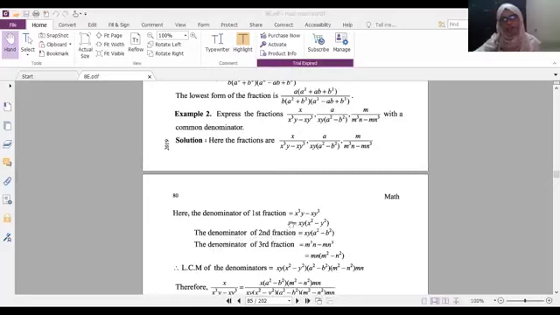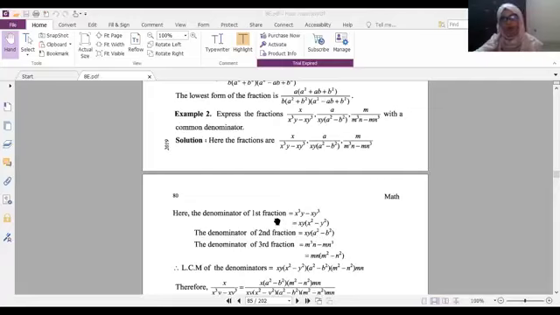The denominator of the second fraction is xy into a square minus b square. And the denominator of the third fraction is mqn minus mnq. Here mn is common, so this expression will be mn into m square minus n square.